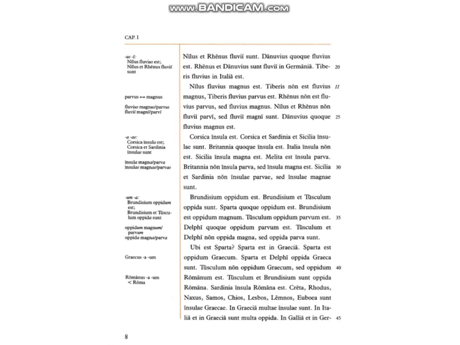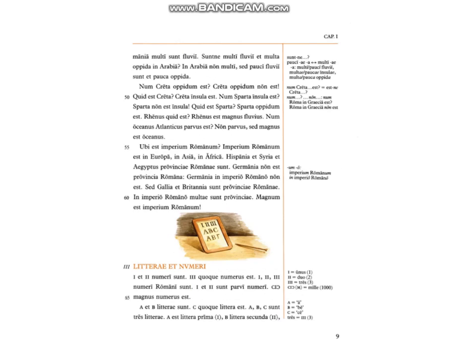All right. The other ways that margins try to explain the vocabulary can be seen on page 9 under the Literae et Numeri section. On the right margins, you will see the Roman numerals for 1, 2, and 3, paired with their Latin names unus, duo, and tres, and their standard English written form, so you can see the 1, 2, and 3 there.